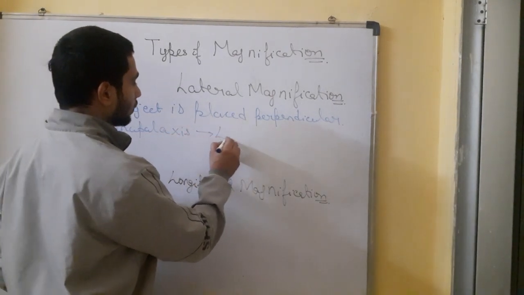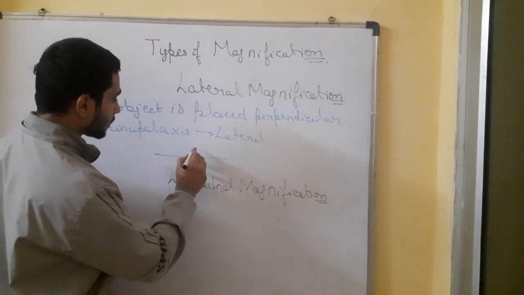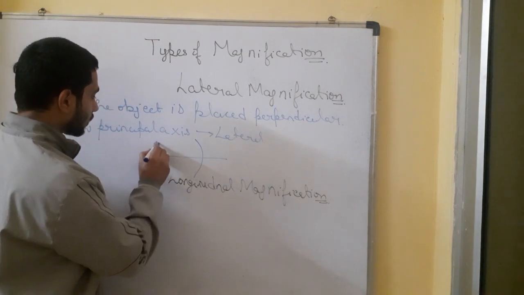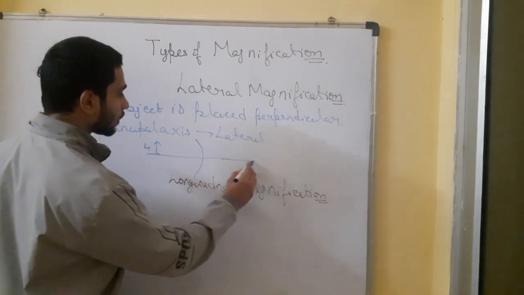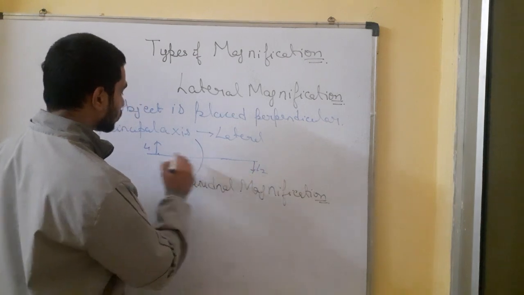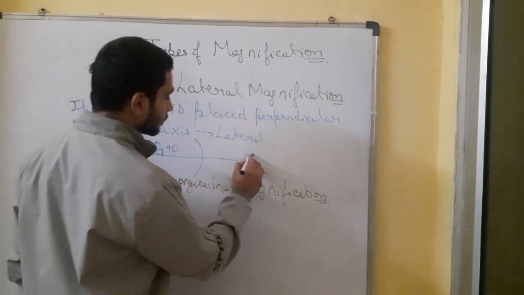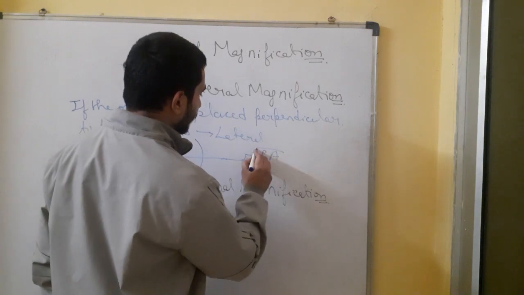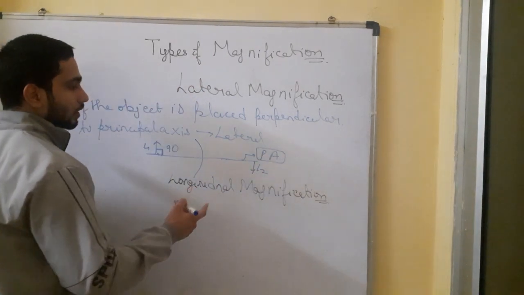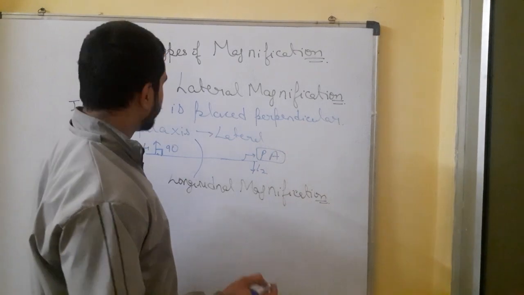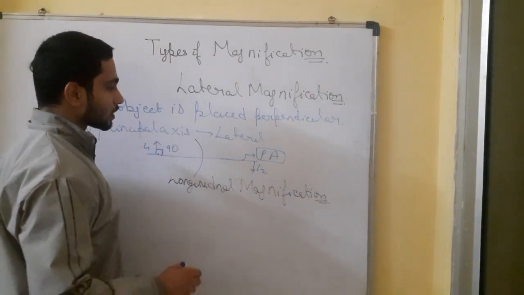Suppose that this is the principal axis and this is the object which is placed, which has a length of L1. The image has length L2. So if the object is making an angle of 90 degrees with the principal axis, then the magnification which we get of the image will be lateral magnification.